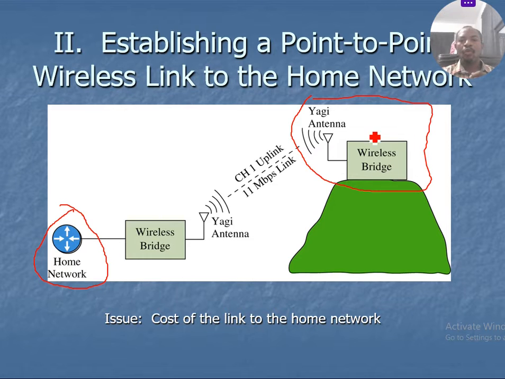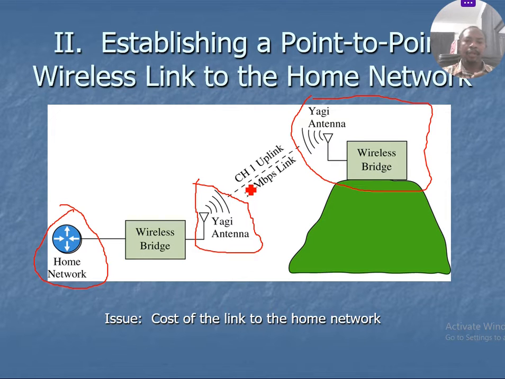Okay, so there must be a point-to-point connection between this antenna on our home that's connected to our bridge and the antenna that is built on a hilltop that's covering the geographical area.